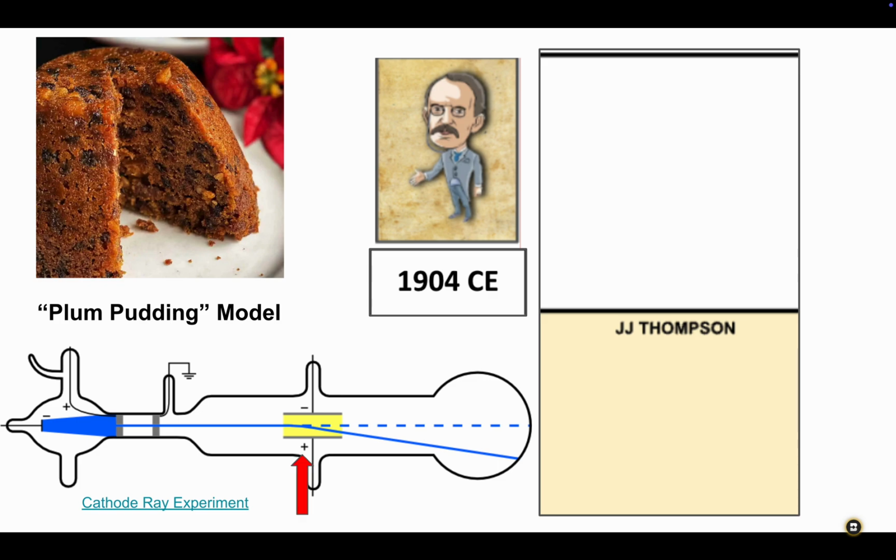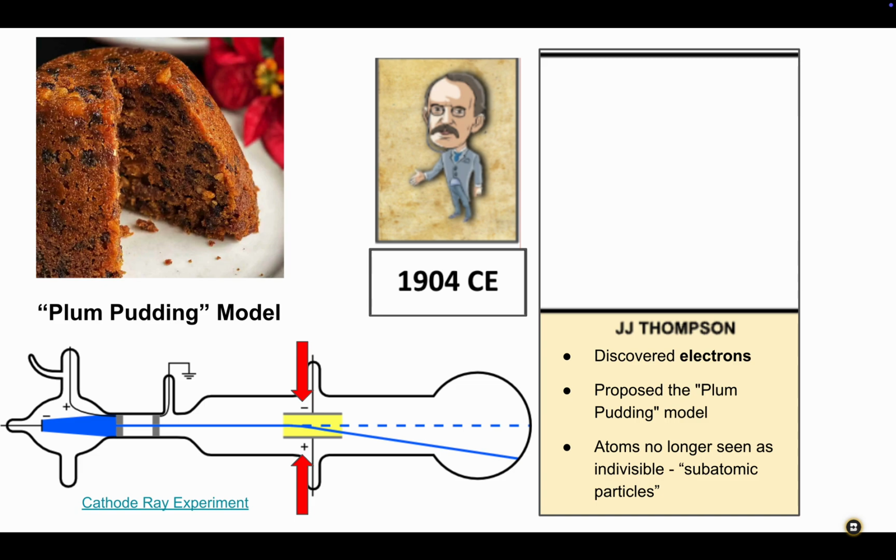I'm going to let you go ahead and write down these key points. First of all, J.J. Thompson discovered electrons, and he proposed the plum pudding model, and I'll put it up there in a second for you.